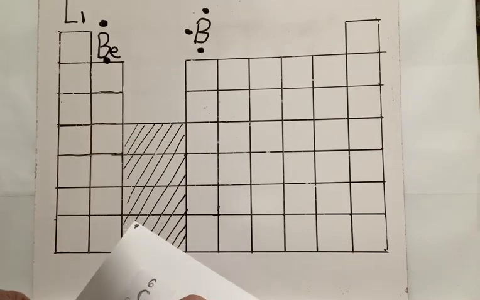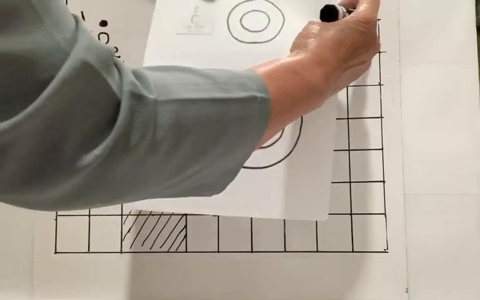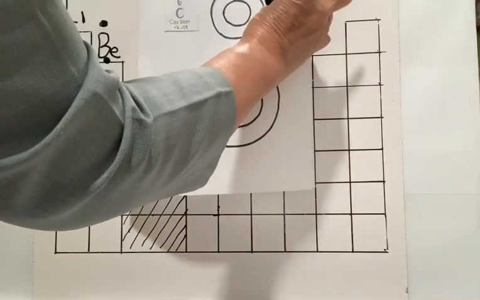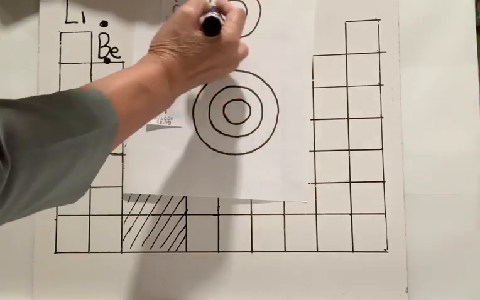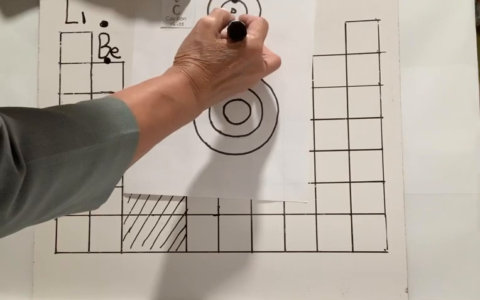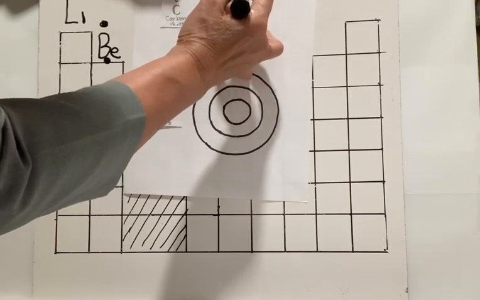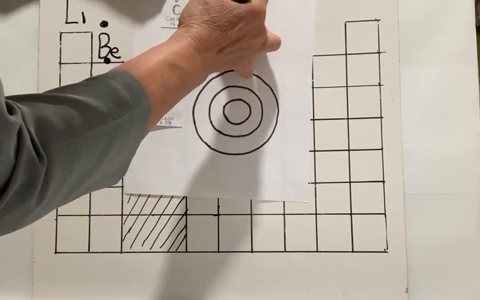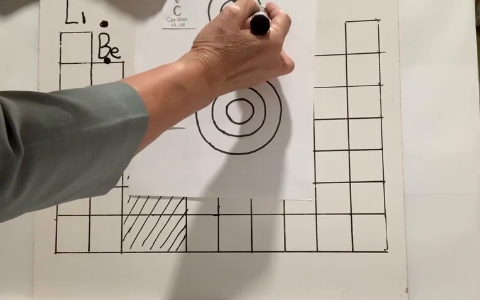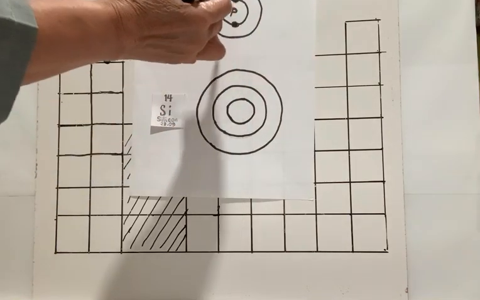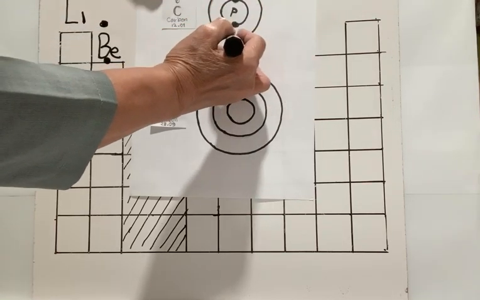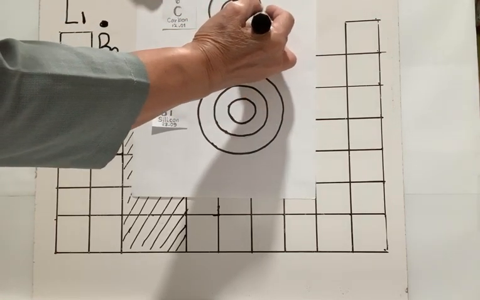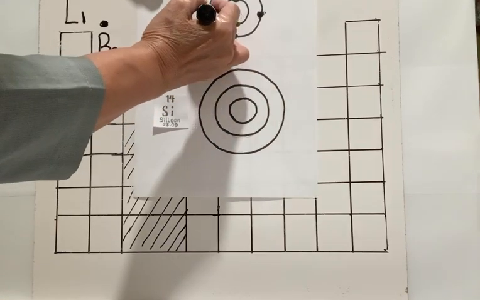So, we will have the 6 protons here in the nucleus. And the 6 electrons again here. First 2 on the first energy level. And the rest of the 4 on the next energy level. So, 1, 2, 3, 4.